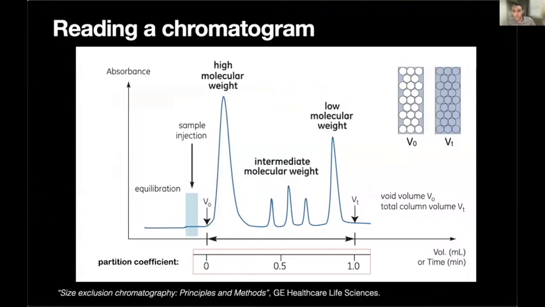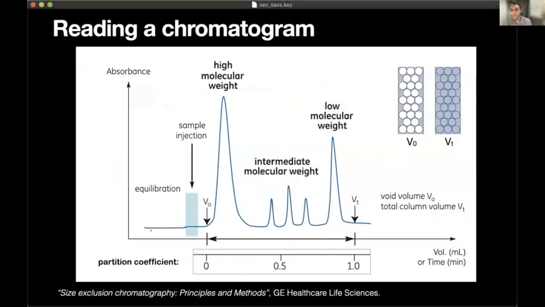This is what a chromatogram looks like, typically. So time is going from left to right, or sometimes it's shown as volume, elution volume. And then usually a setup will have a UV cell to measure absorbance. Proteins and nucleic acids absorb in the UV. So the first peak that comes through on the left here would be the high molecular weight things.